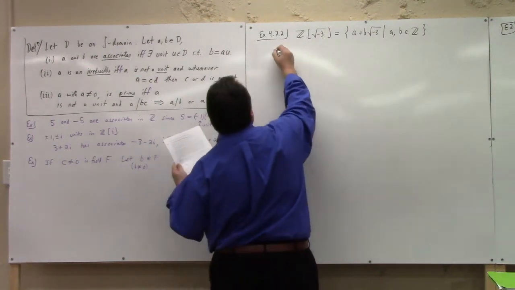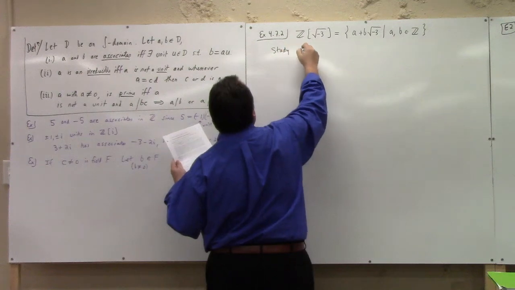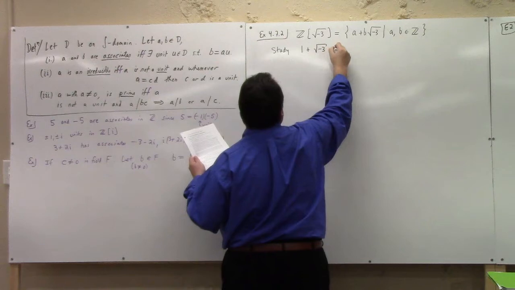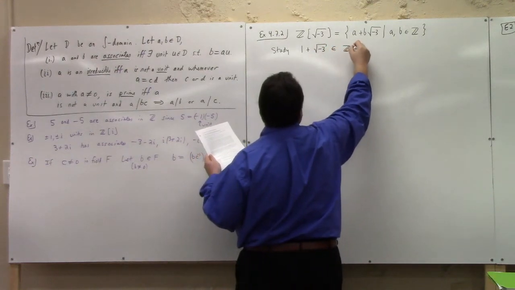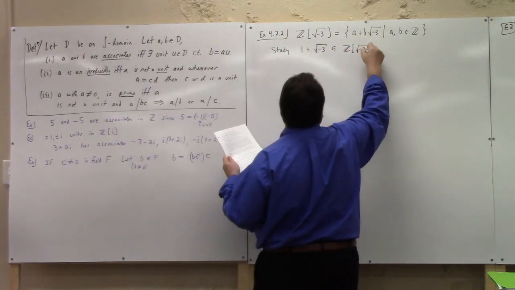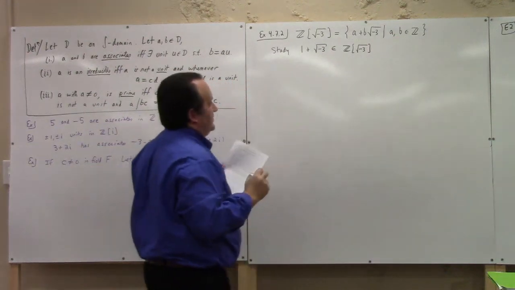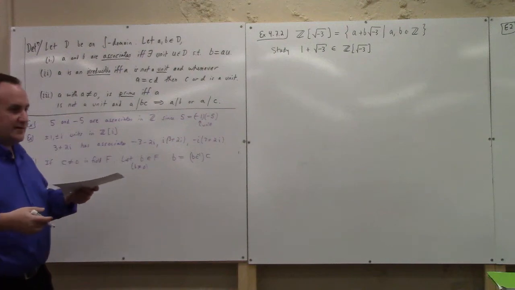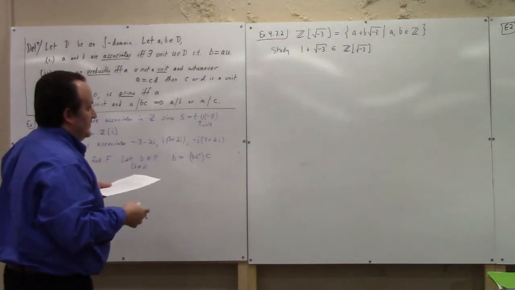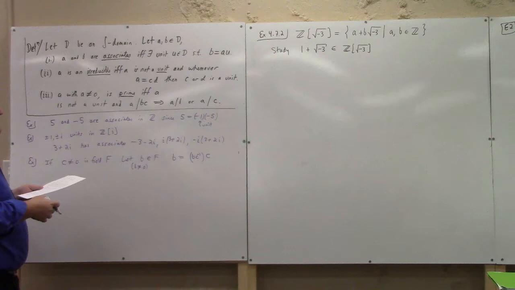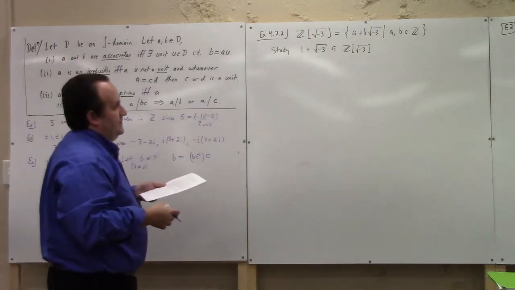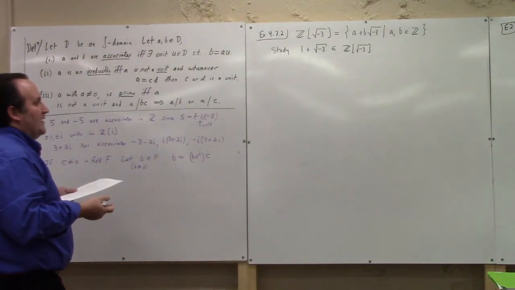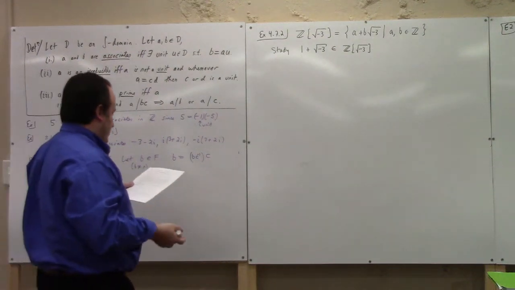We can study 1 plus the square root of -3. This is clearly an element of this ring. By the way, is Z adjoining the square root of -3 an integral domain? I'll just tell you it is. There are no zero divisors in this thing. I don't know if I've actually proved that or not, but we could. Of course, we have the norm to work with, if we want to.